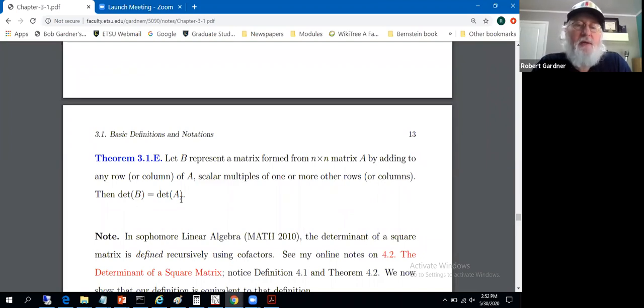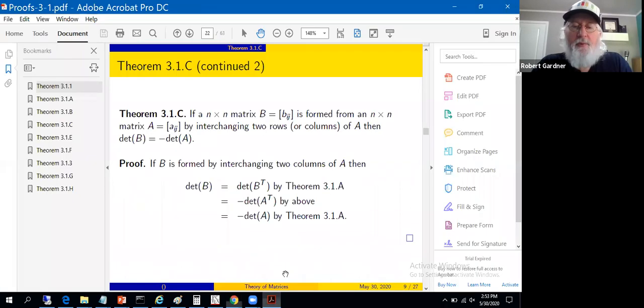Then the determinant of B equals the determinant of A. So we've taken row 1 and added to it a multiple of row 2 and a multiple of row 3 and a multiple of row 4. So instead of just adding a multiple of one row, we've added linear combinations of the other rows to it. I think I commented in the past, we could assume we've only added a multiple of one row. That's how you probably did it in linear algebra. Establish it for that, and then we'd have this result by induction.